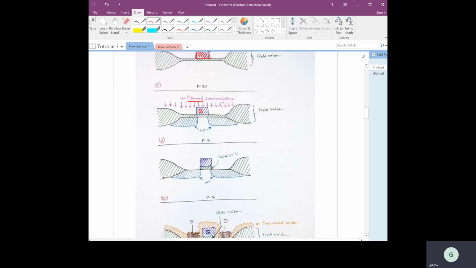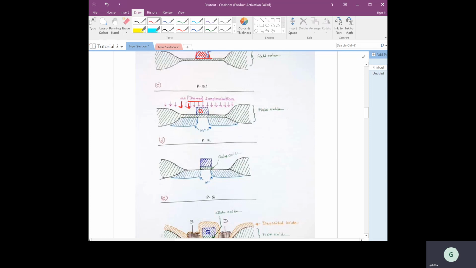Implantation is basically where you accelerate the donor ions, whichever ion. Suppose you want to use arsenic as a pentavalent impurity. Those arsenic atoms you have to accelerate using a quite high electric field. And once these ions accelerate, you bombard those ions on this surface.